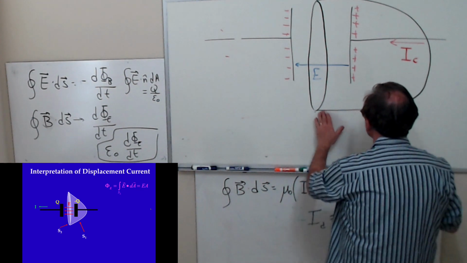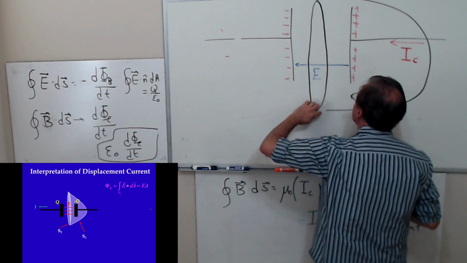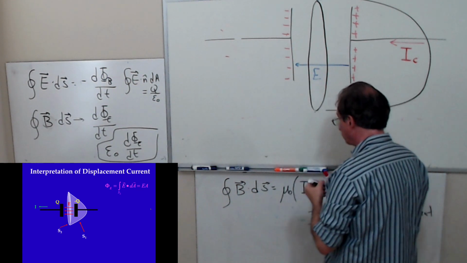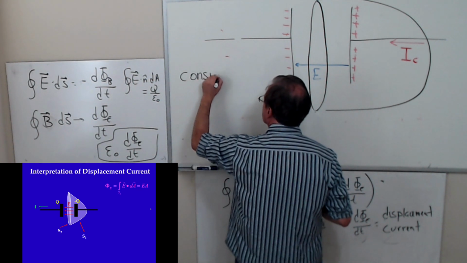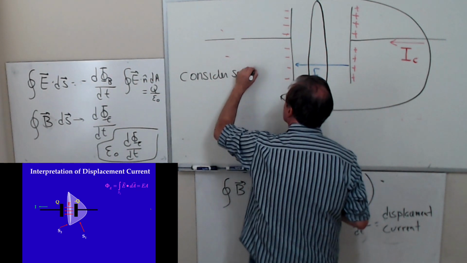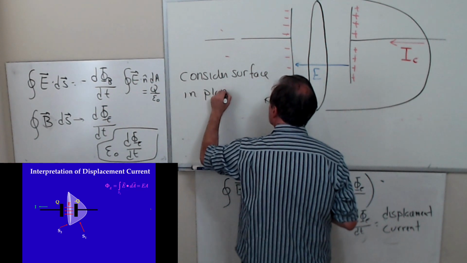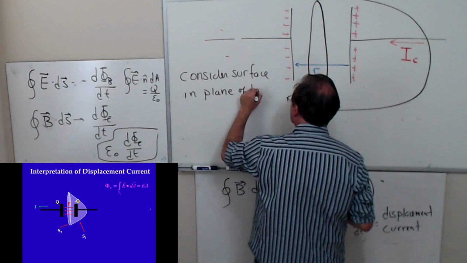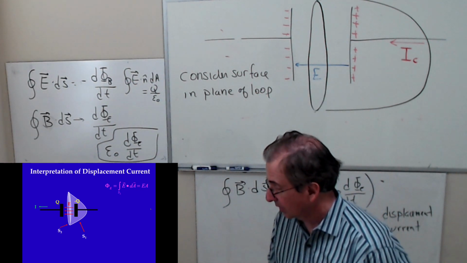Suppose I just consider the surface in the plane of the loop.